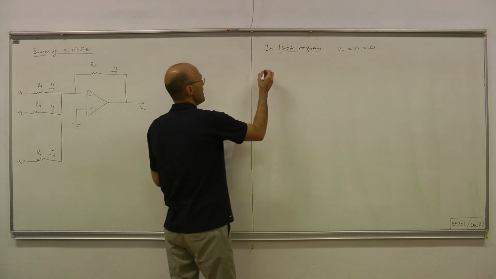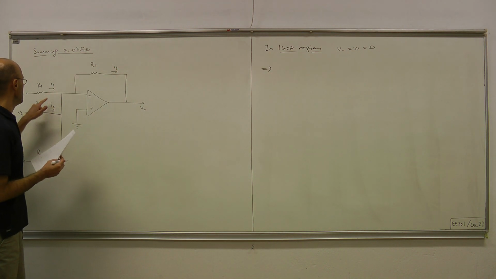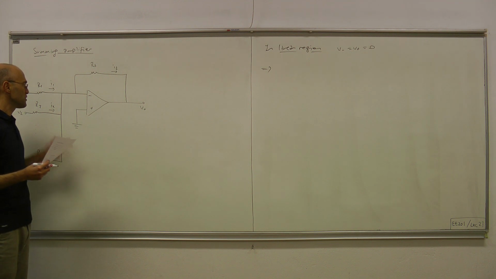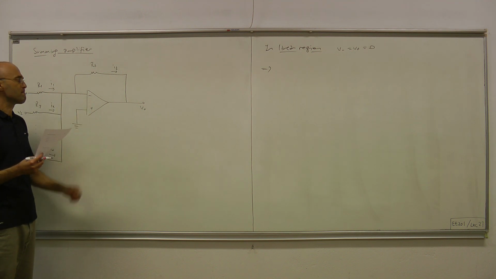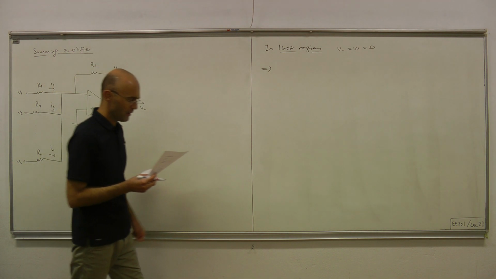Then using that information, let's now compute the individual currents flowing through those resistors, through which we connect the input voltages to the inverting input terminal of the operational amplifier.